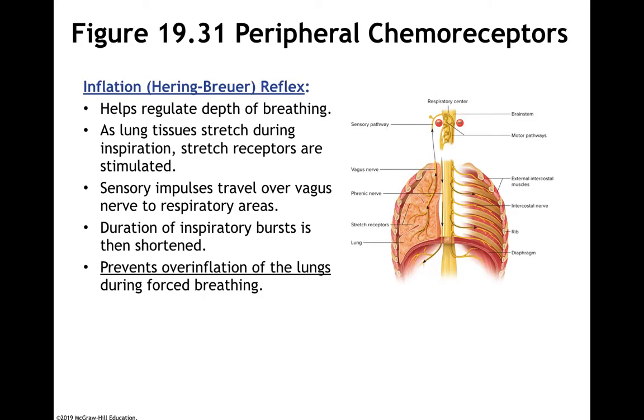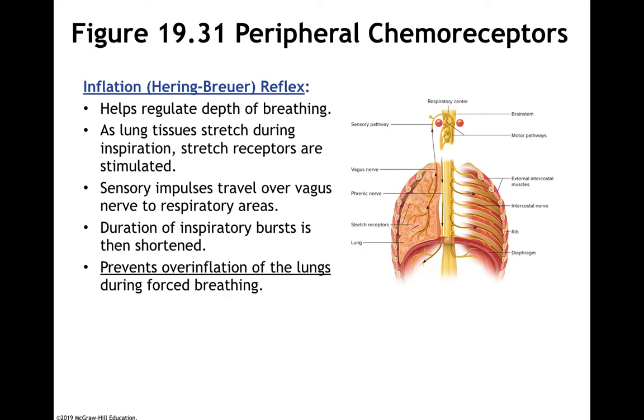There is an inflation reflex known as the Hering-Breuer reflex. It helps regulate the depth of breathing. As the lung tissue stretches during inspiration, stretch receptors are stimulated. A sensory impulse travels over the vagus nerve to the respiratory areas, and the duration of the inspiratory burst is then shortened.